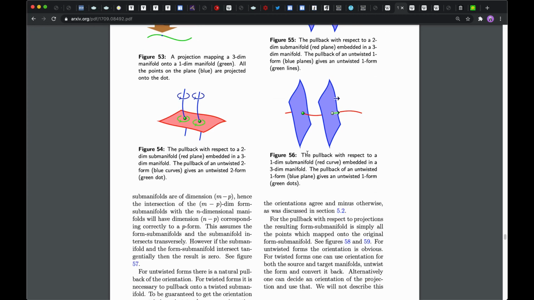Yeah, and on figure 56 we also have the pullback with respect to the one-dimensional submanifold. So we have a red curve embedded in 3-dimensional space.